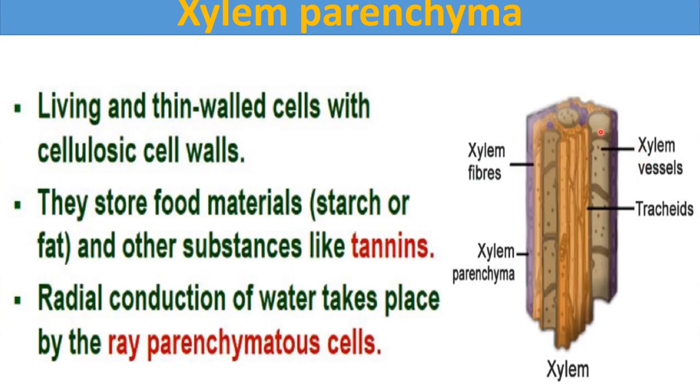These are xylem vessels; you can see this cylindrical structure on both sides. And in the center, these are tracheids. Mainly tracheids and vessels are important for the conduction of water and minerals, with tracheids in the center and vessels on both sides.